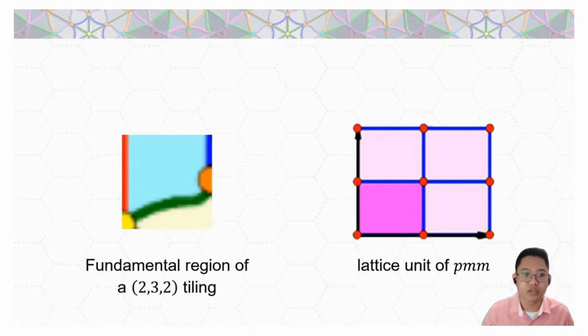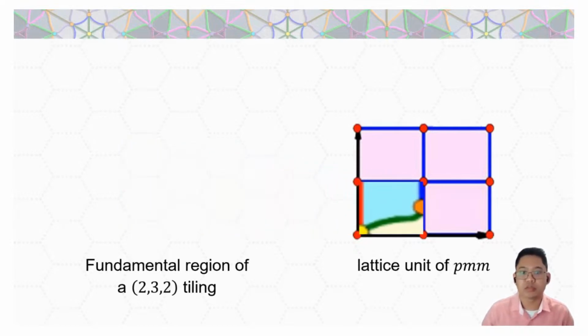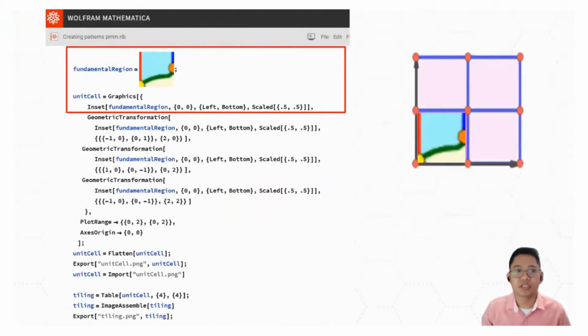And then, as I've told you, you just have to put that particular fundamental region inside that pink region that I showed you earlier, and then use the symmetries in order to create the whole tiling. So that's what we are going to implement in Mathematica. So here's the code that I generated. Essentially, the first part is defining the fundamental region.